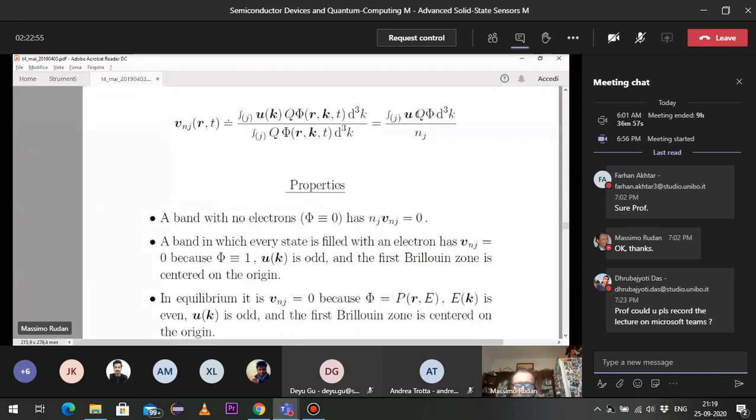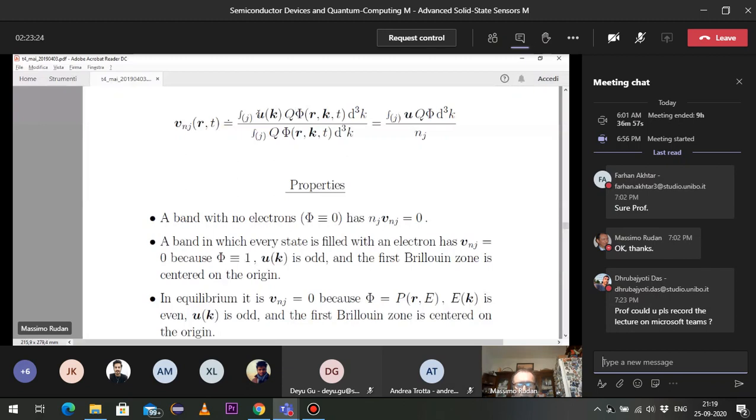Q is a constant, so we can bring the constant outside the integral. So when phi is equal to 1, the average velocity is calculated by simply integrating u over the Brillouin zone.